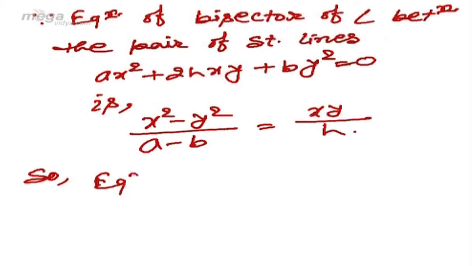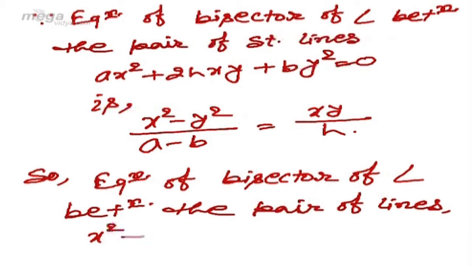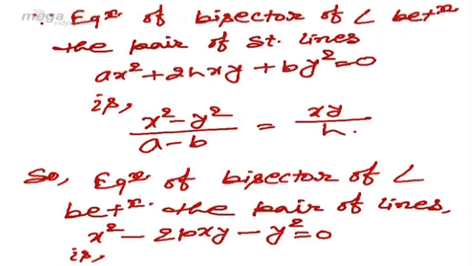So the equation of the bisector of angles between the pair of lines x² - 2pxy - y² = 0 is (x² - y²)/(a - b) = xy/h.